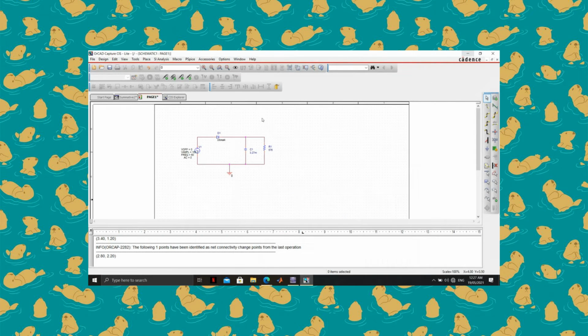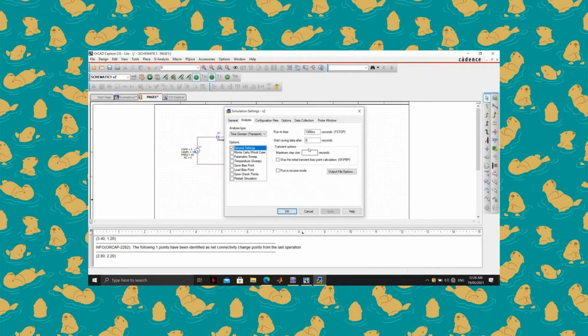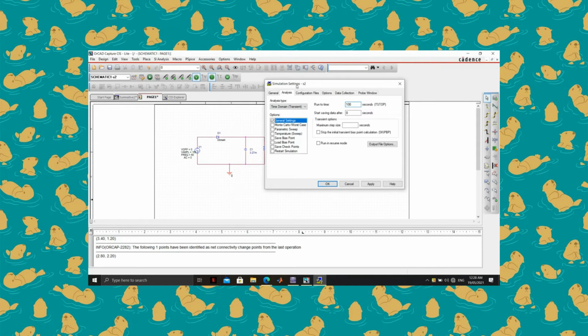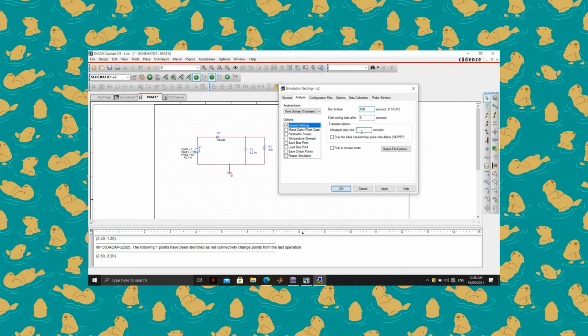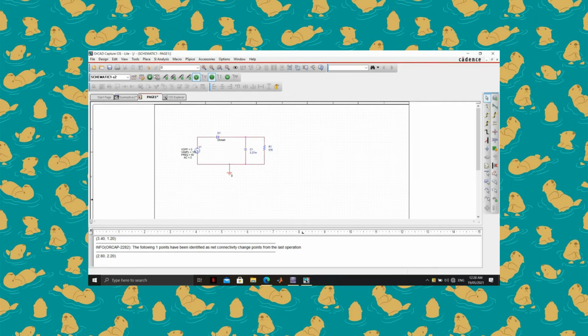Now, create a simulation profile. Here we would use 100 seconds as the runtime, since the capacitor would require a longer period to reach a steady state. Apply. Then click run.